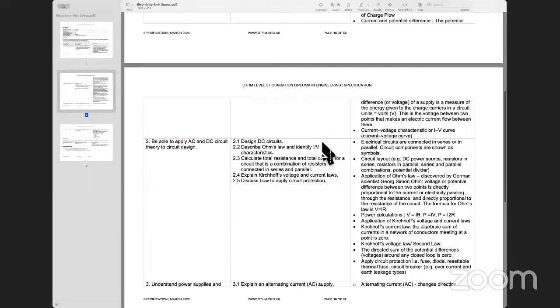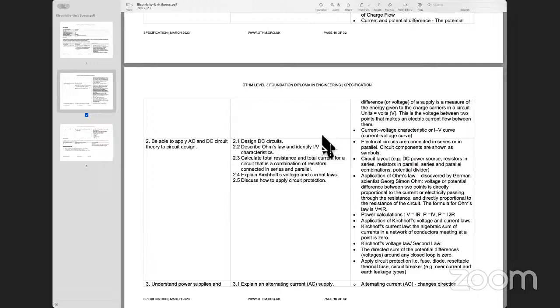In learning outcome 2, we'll be looking at applying some of the things that we've learned in learning outcome 1 to put to use in understanding how we apply the basic principles of electricity that we've learned, and the units, to alternating current and direct current, AC and DC, circuits.